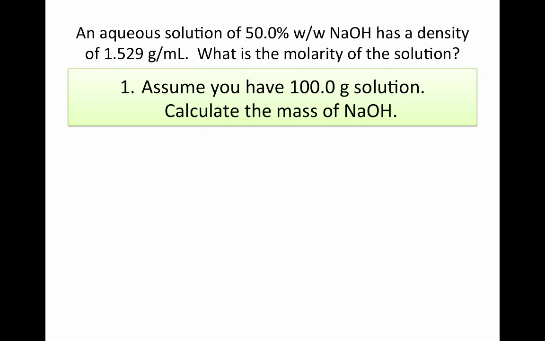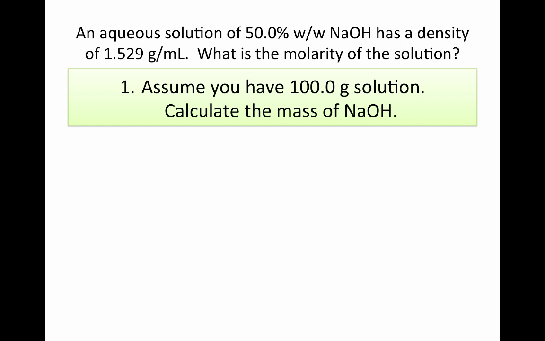Okay, so here is our first step, along with the problem. So remember, the first step we came up with in our plan was to assume that we have 100 grams of solution. So we're going to use that assumption to calculate the mass of NaOH in 100 grams of solution. How do we do that? Well, we have a 50% by mass solution of NaOH.